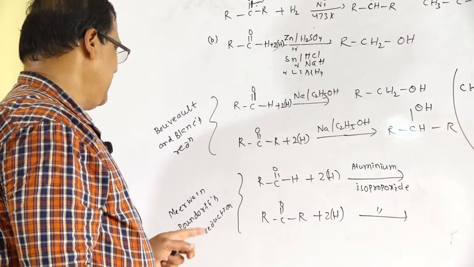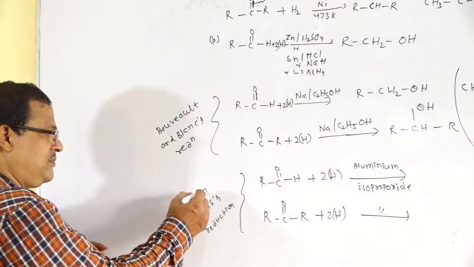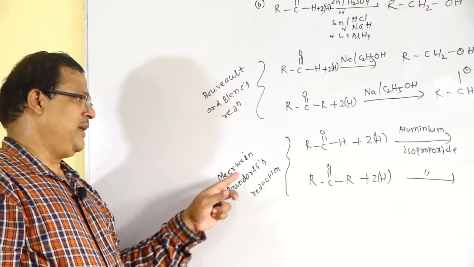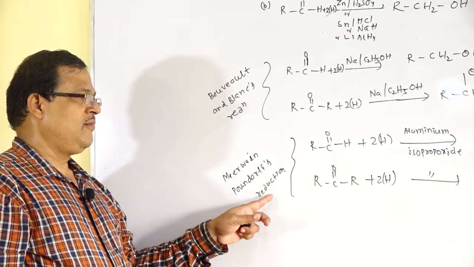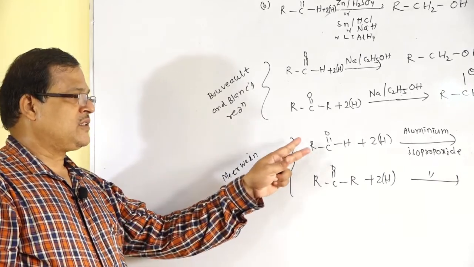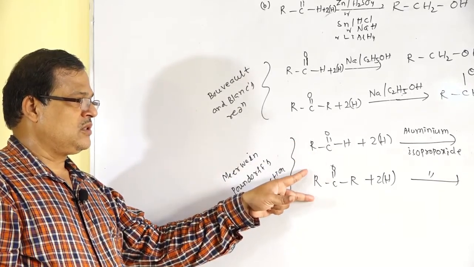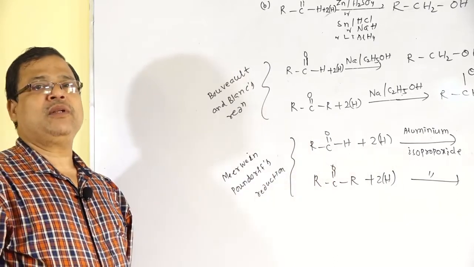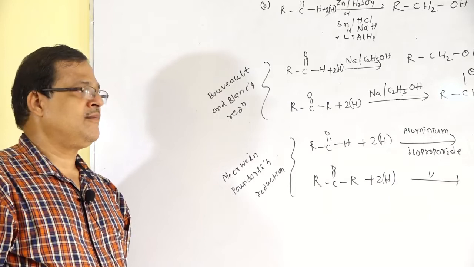Similarly, if we take Meerwein-Ponndorf reduction, what is that reduction? That is reduction of aldehydes and ketones in presence of aluminum isopropoxide.